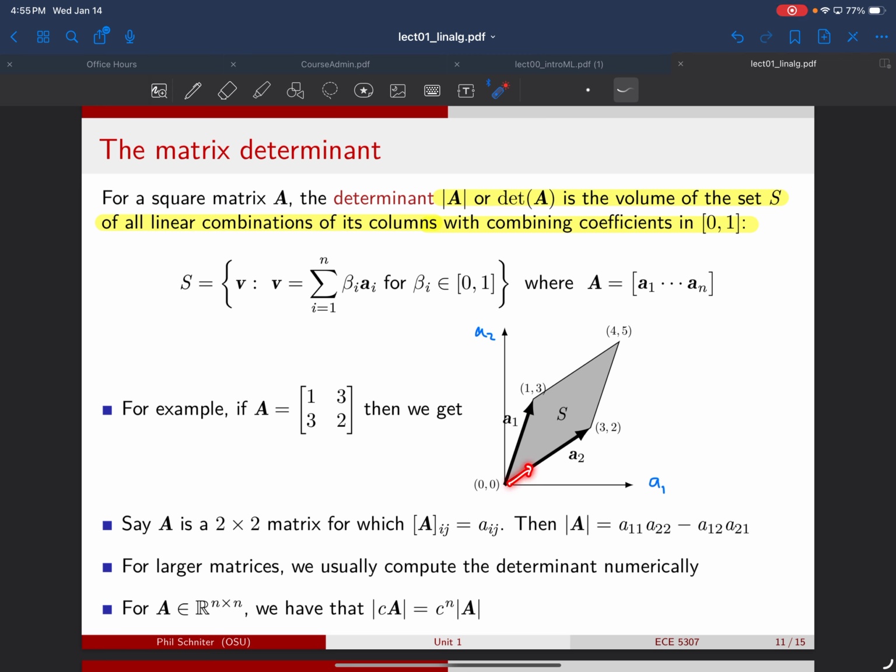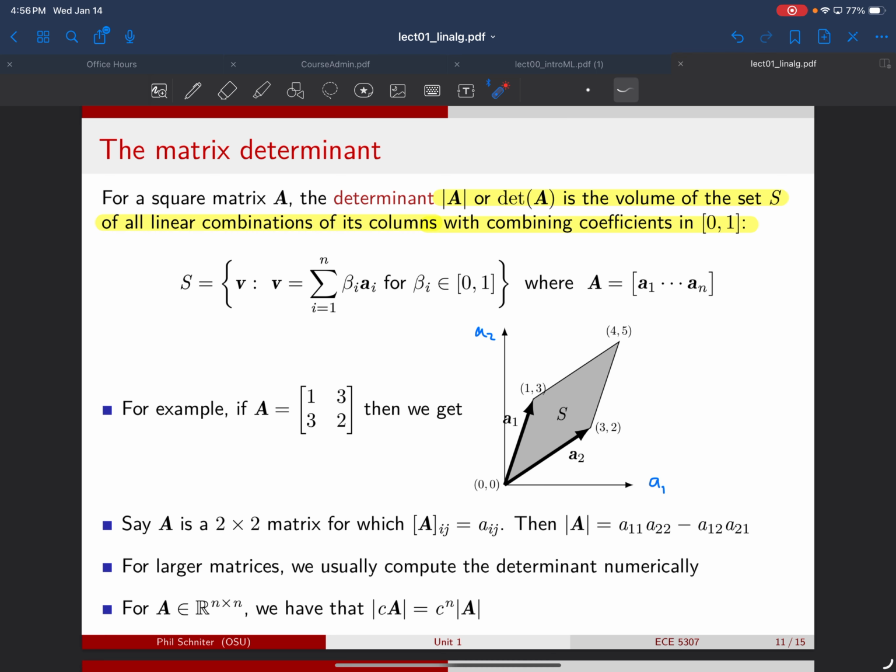I can scale it to anything between 0 and there. And then I'm going to add those two things. So if I take all linear combinations of the scaled A1 and scaled A2, I will get this gray region. Does that make sense? Okay. So the volume of this region is the determinant of that matrix.